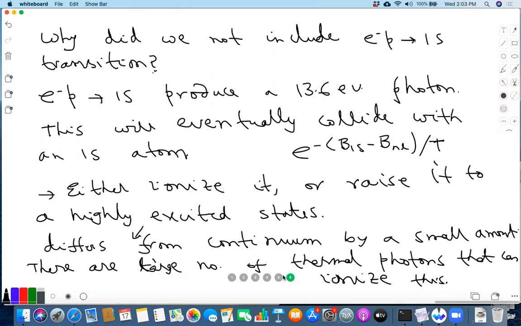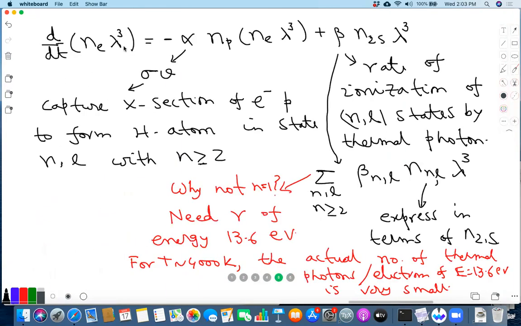Because of this, a direct transition into the 1s state doesn't change this, because eventually it will come back here. That's the reason why you are not including the transition into the 1s state in this equation. As we will see, most of the transitions to the 1s state happen from the 2s and 2p states, just states that are excited above the first excited state.